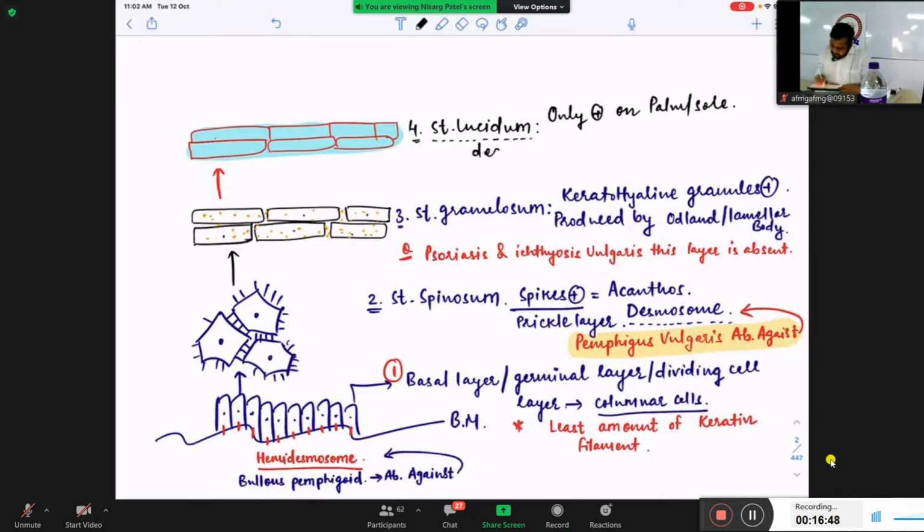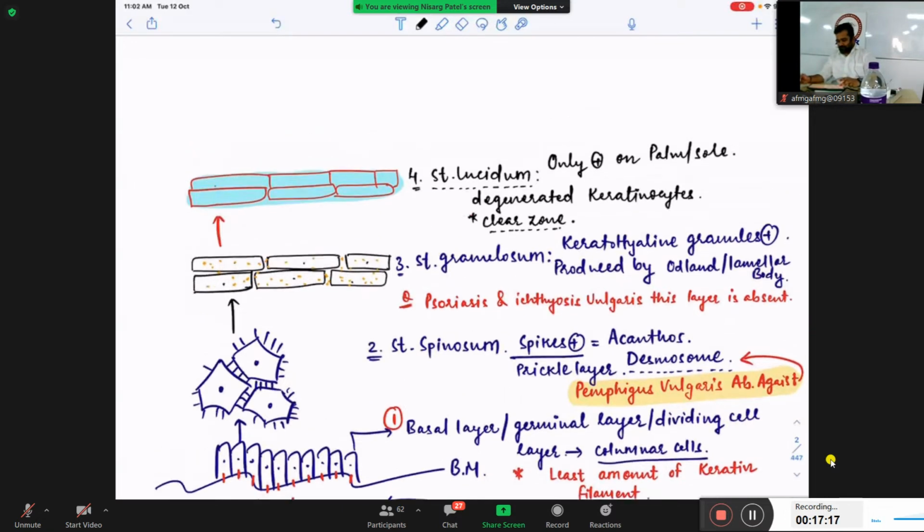This stratum lucidum has degenerated keratinocytes. It is also known as the clear zone, or a transparent zone.